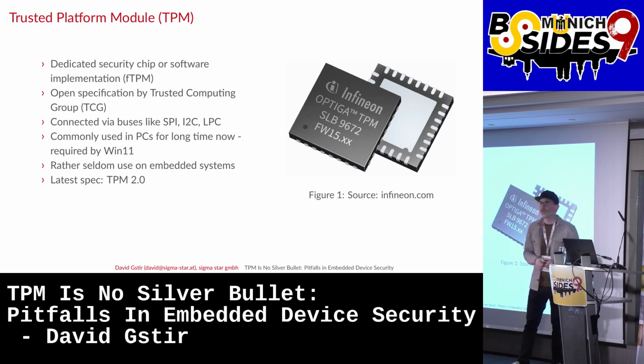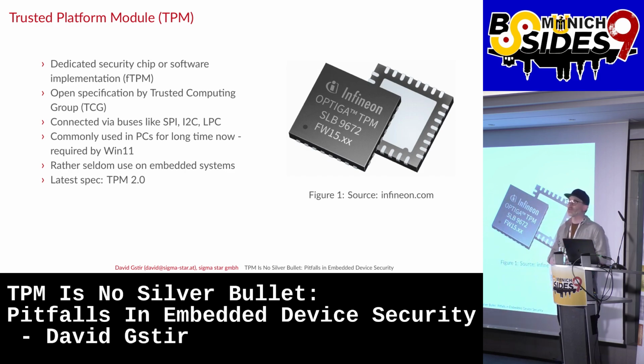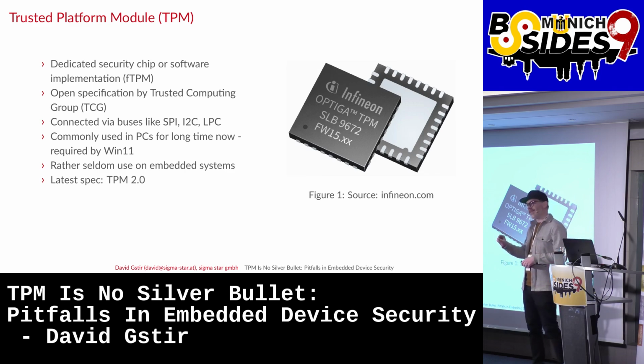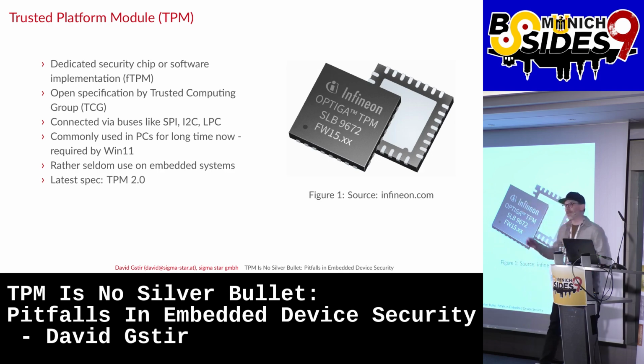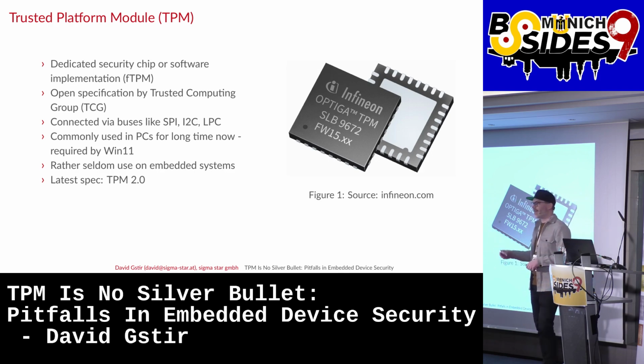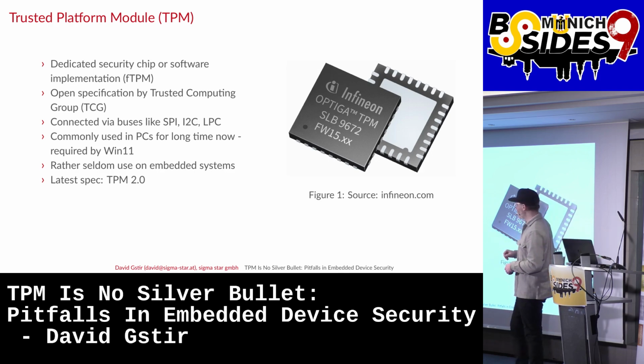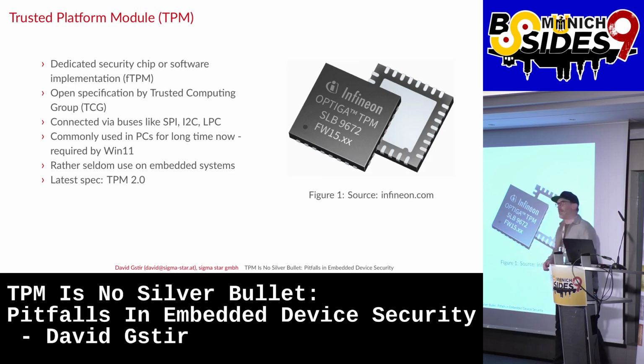It's not that common to use them in an embedded device because with embedded devices, especially IoT, you want to produce them very cheaply, and that's where the price of every little chip matters, so they often skip adding a TPM chip or something like that. But often the system on chips also have some of the features that a TPM offers already in the chip itself, so the vendor offers a vendor-based solution.